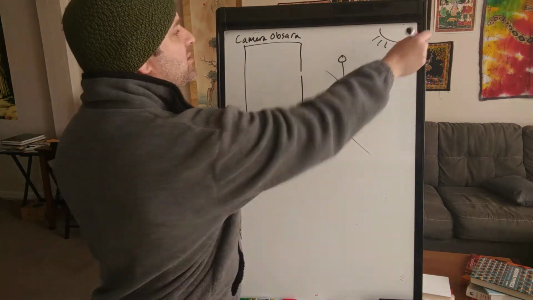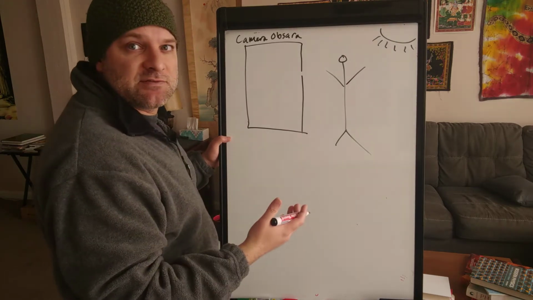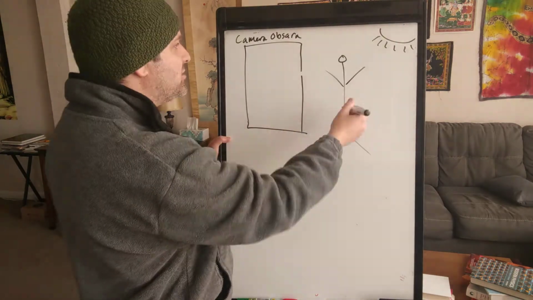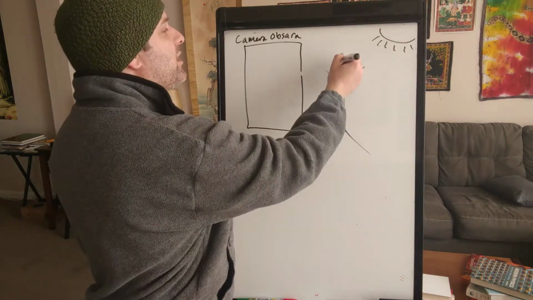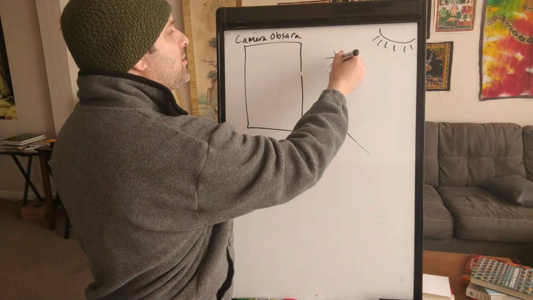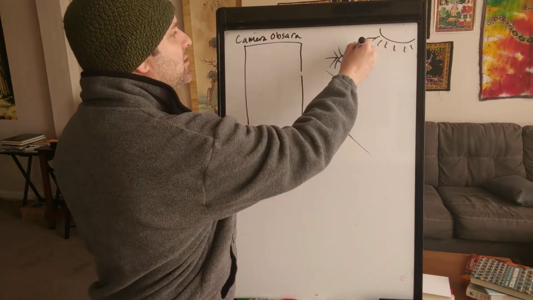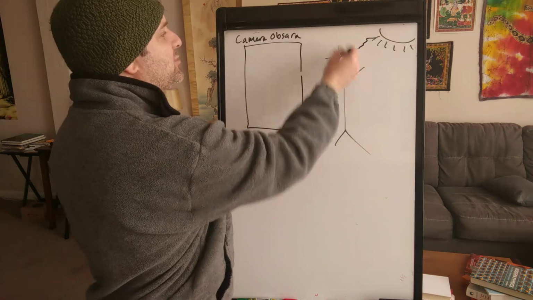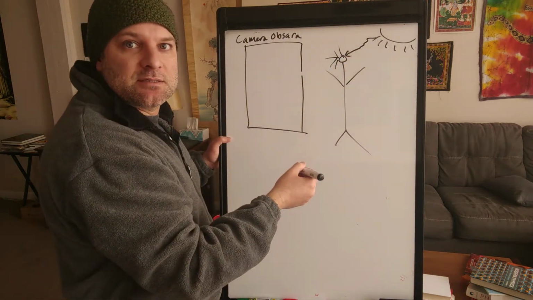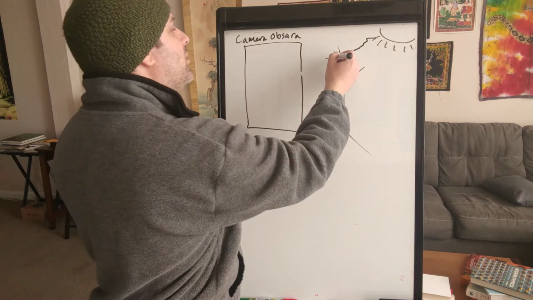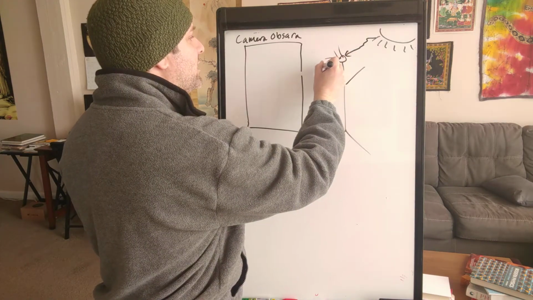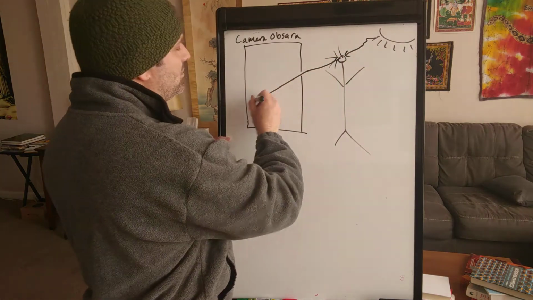So if I've got a light source out here, say the sun or any other kind of light source shining on this object, well, each point where the light hits this object, light's going to go in all directions. It's going to come from the sun, bounce off this person's head, and go in every direction, right? But only one of those light rays will go exactly through this little pinhole, right?